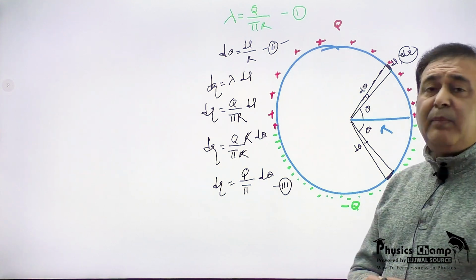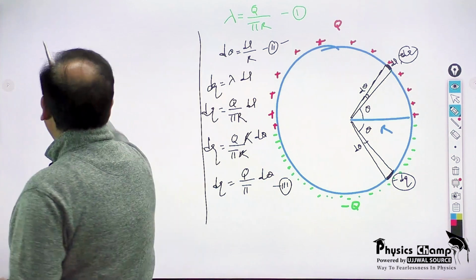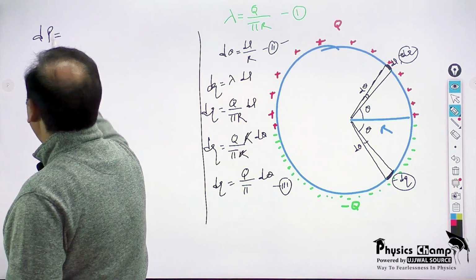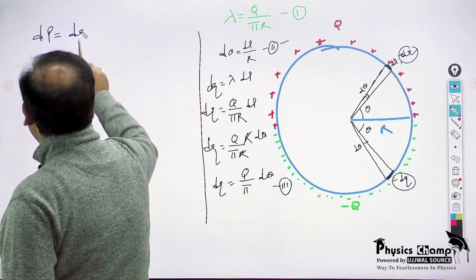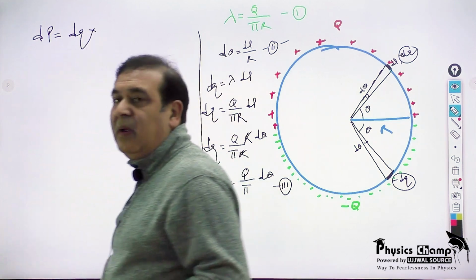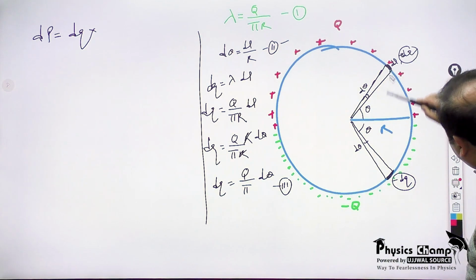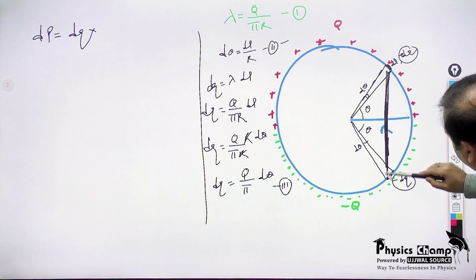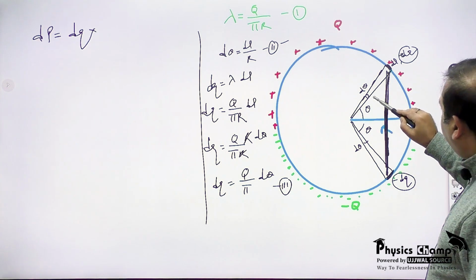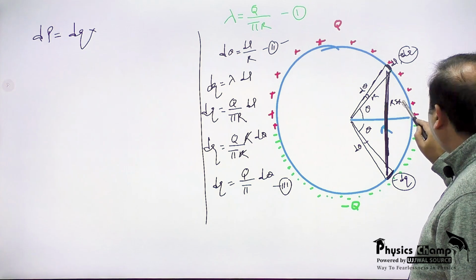And if I am interested in finding the dipole moment of this combination of dq and minus dq, I should take one of the charges into the separation between the two. Now how much will be the separation between the two? How much is this separation? This is a radius r, this angle is theta, this will be r sin theta.